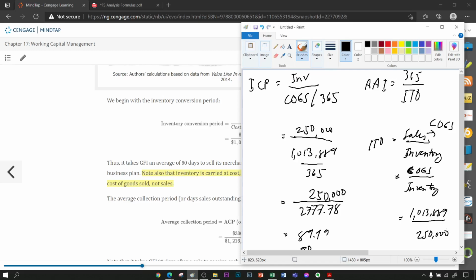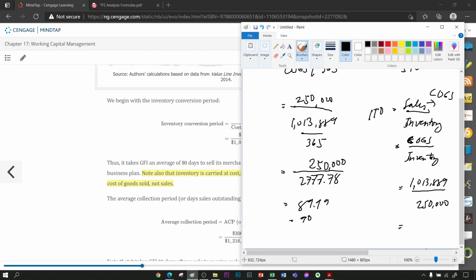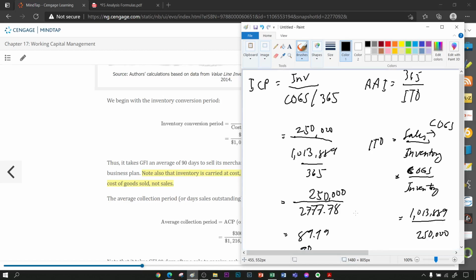Try mo nga. 1,013,889 divided by 250,000. 4.05. Ayan. Okay. So, ito yung inventory turnover natin.